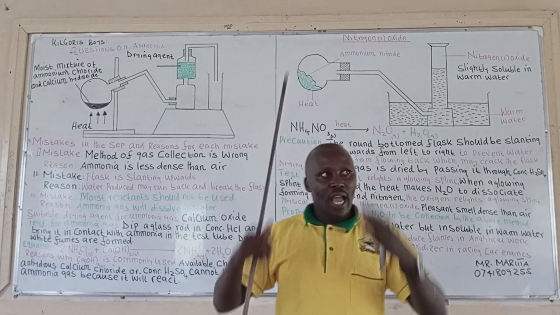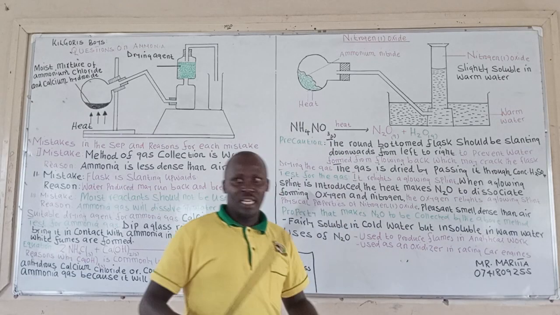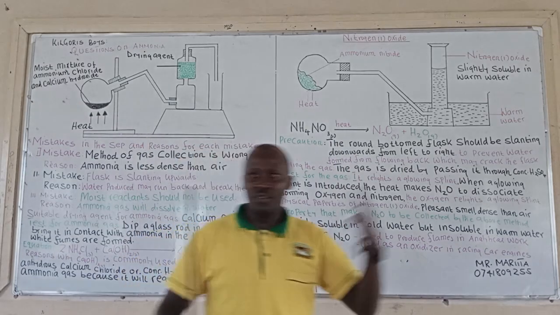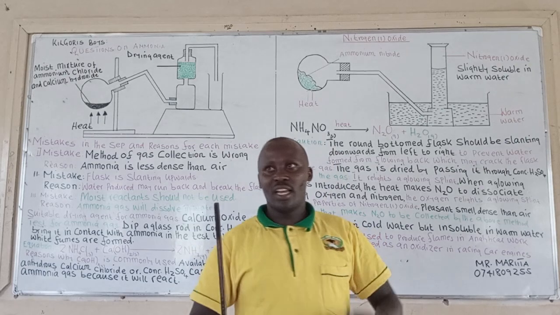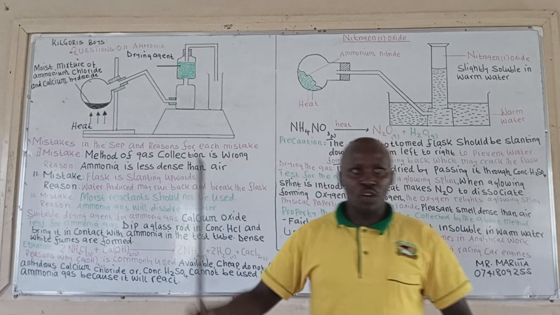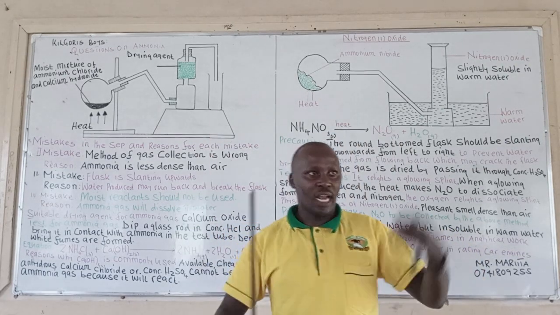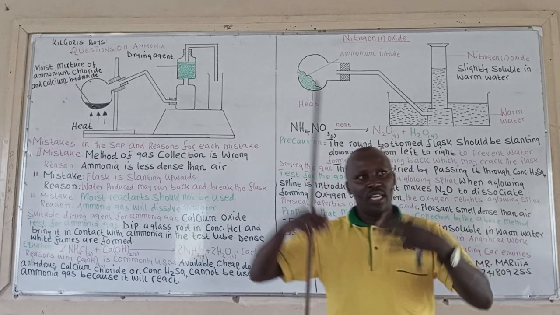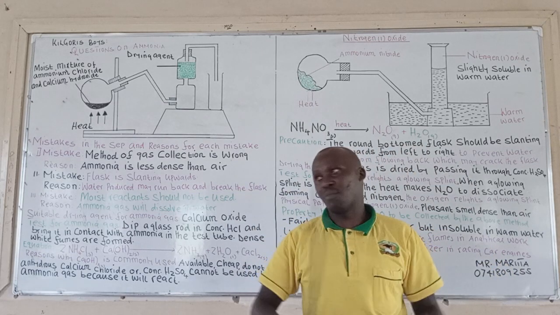Then again, we have the drying agents for gases, like concentrated sulfuric acid, calcium oxide, and fused anhydrous calcium chloride. Those are some of the reagents used to dry gases.